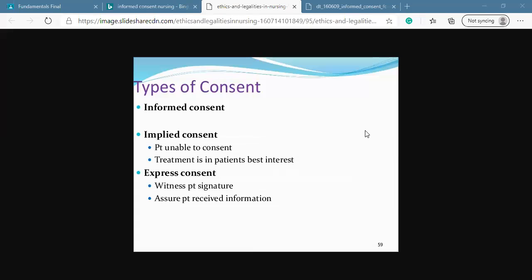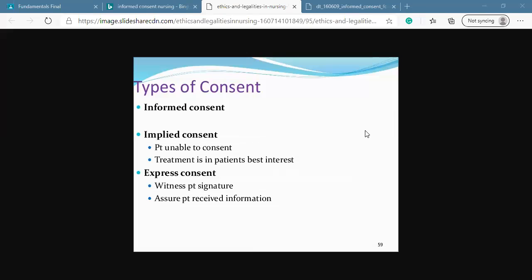If the patient does not understand English, we have to arrange a medical interpreter, if needed. Also, we explain the risks of the invasive procedure and the benefits.